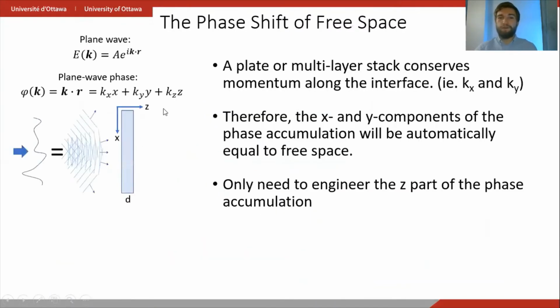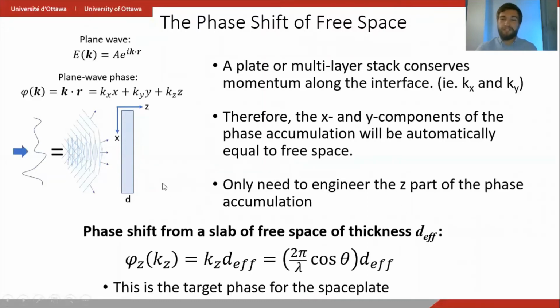So luckily for any plate, the momentum is conserved along the interface, which we're defining to be the xy plane, and therefore the phase accumulation is automatically equal to that of free space. So we only need to engineer the z component of our phase accumulation, which is given in this equation. And so we just need to get our spaceplate to replicate this phase accumulation.